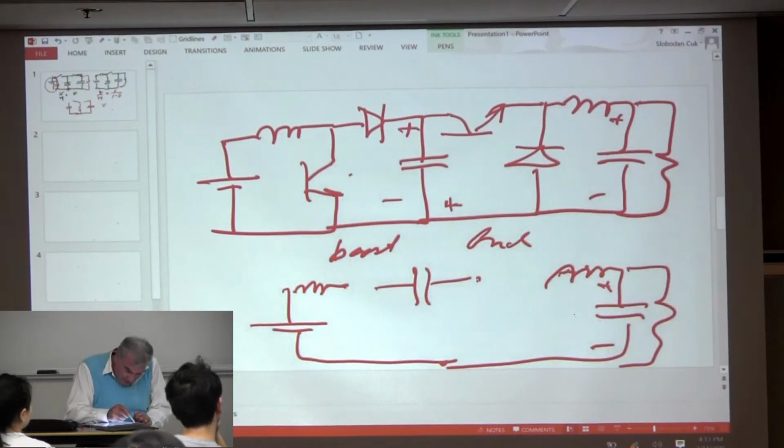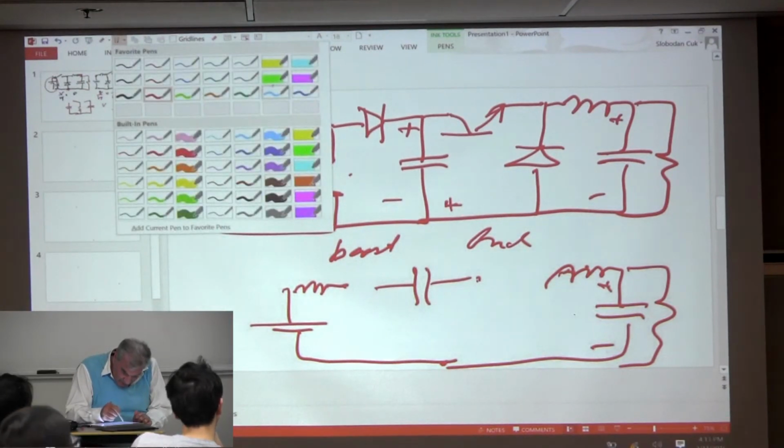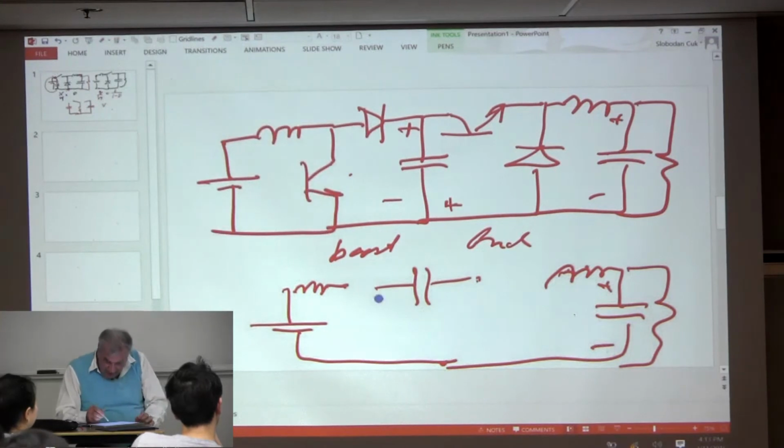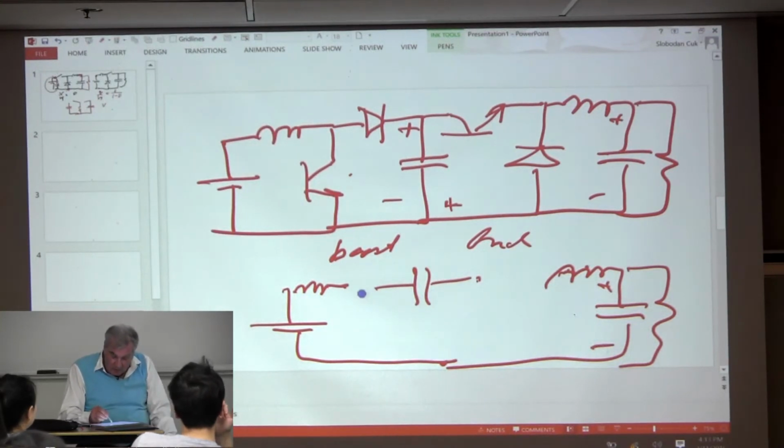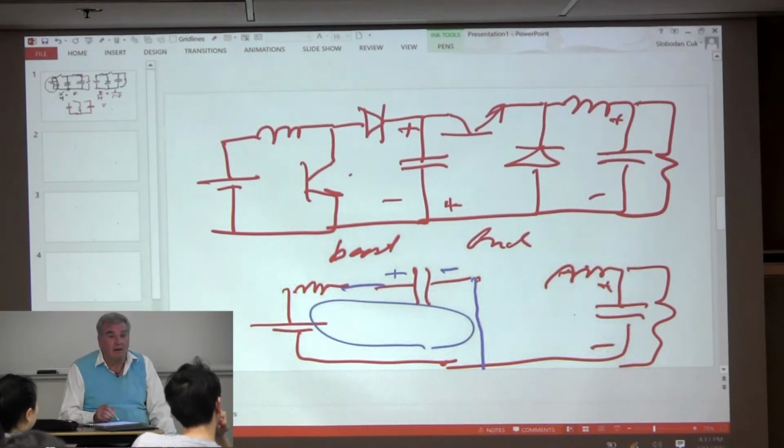I put here maybe my favorite blue color. So now we say, oh, if this is a floating capacitor, I can actually connect it this way and charge it. So this is my charging, right?